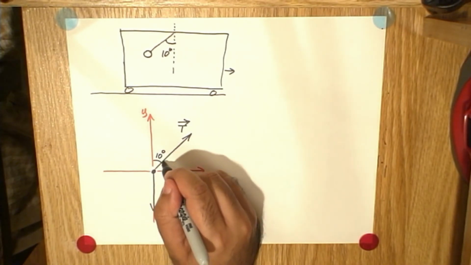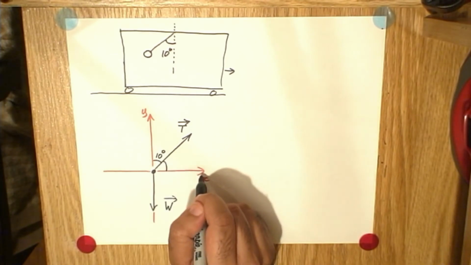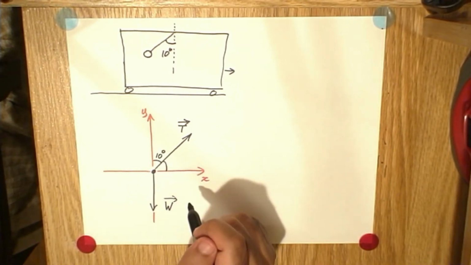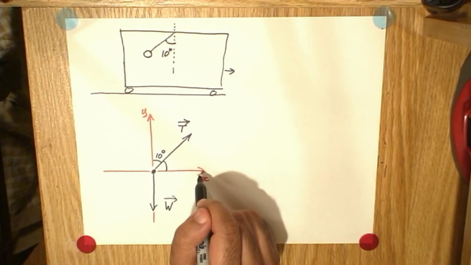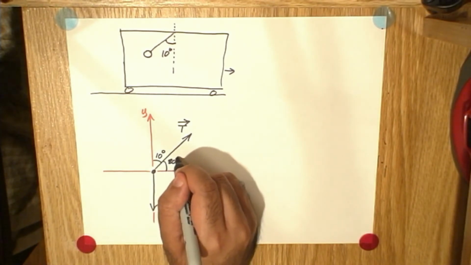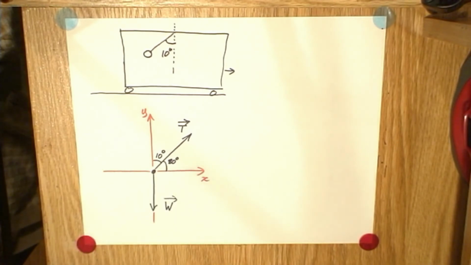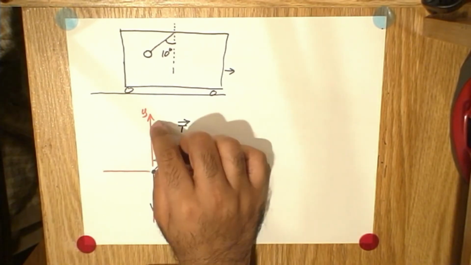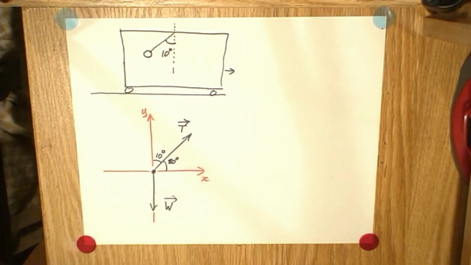Which means that this angle, the angle away from the x-axis, that's the angle that we use to decide all of our orientations, they're always done with respect to positive x, is 80 degrees. You always have to be careful where the angle is, whether it's with respect to the vertical or whether it's with respect to the horizontal. We need to break it down accordingly.